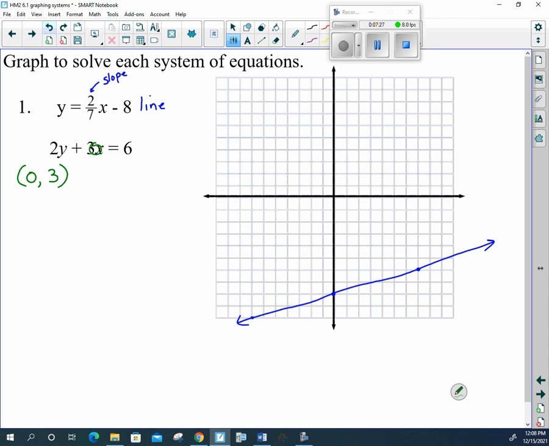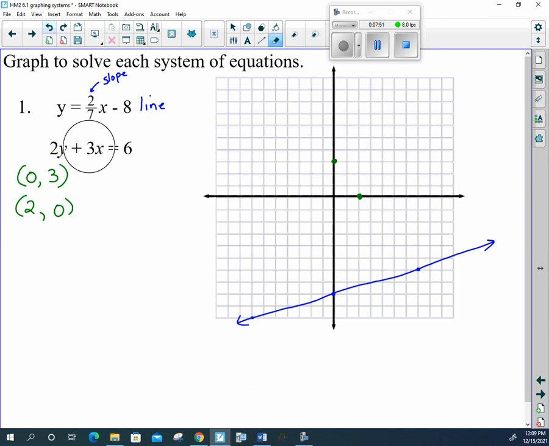So 0, 3 would be a point on my graph. Okay, if I do the other intercept, that means I would let y equal 0. So put a 0 right here, and 3x equals 6, so that means x equals 2. So then we would have another point right here at 2, 0. Okay, so that's doing the intercept method.